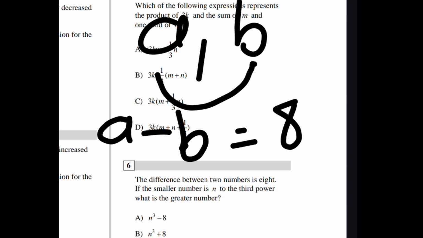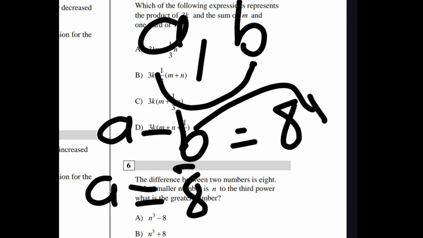That is very easy. From here you can know that the smaller number is B. You're going to ask me, why am I saying that? Because a bigger number minus a smaller number will give a positive. If I had a smaller number minus a big number, that would automatically be negative. Hence, the big number will be A. You bring B to the other side to have A equals 8 plus B. And we know that B is n to the power 3.